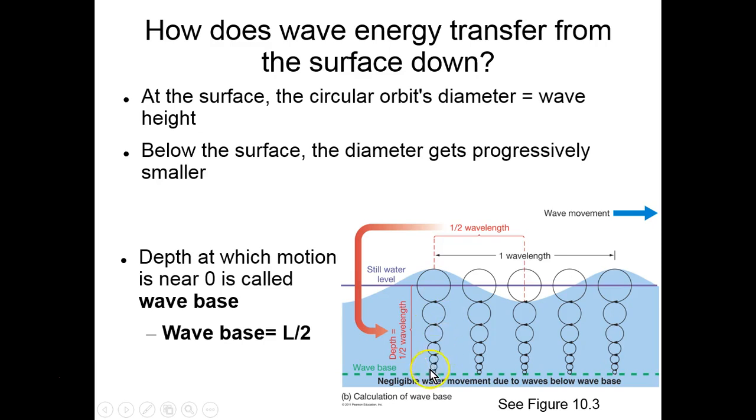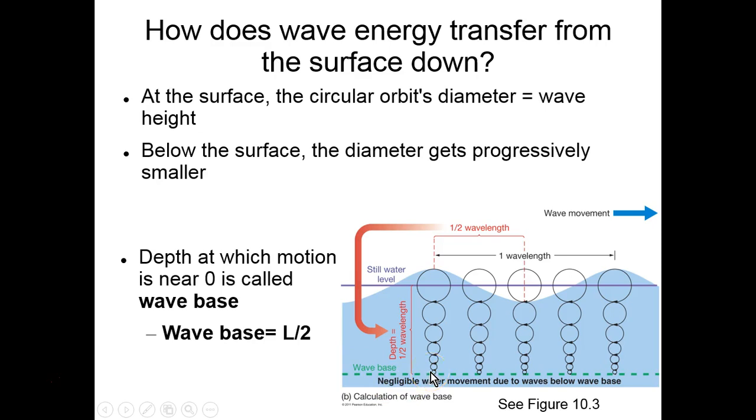So eventually you get to a depth at which the wave's energy is pretty negligible, meaning that you can't really feel it. At that point we call that the wave base. Okay, so that's the depth at which the wave can't really be felt anymore, and you can calculate that using the wavelength. Take the wavelength and divide it by 2, and that gives you the wave base.